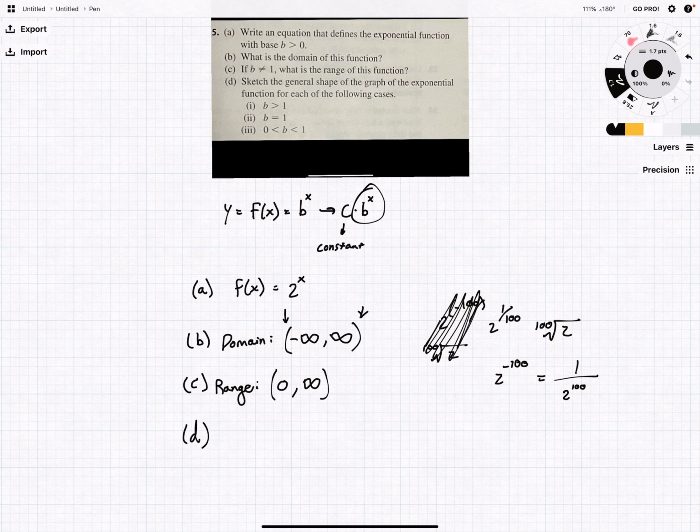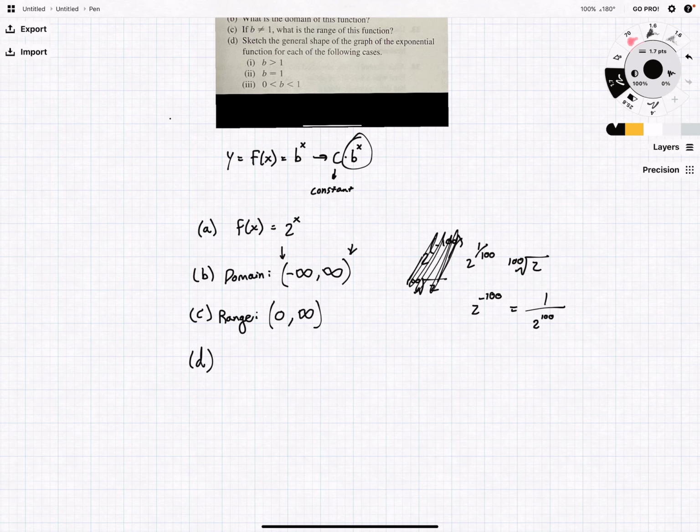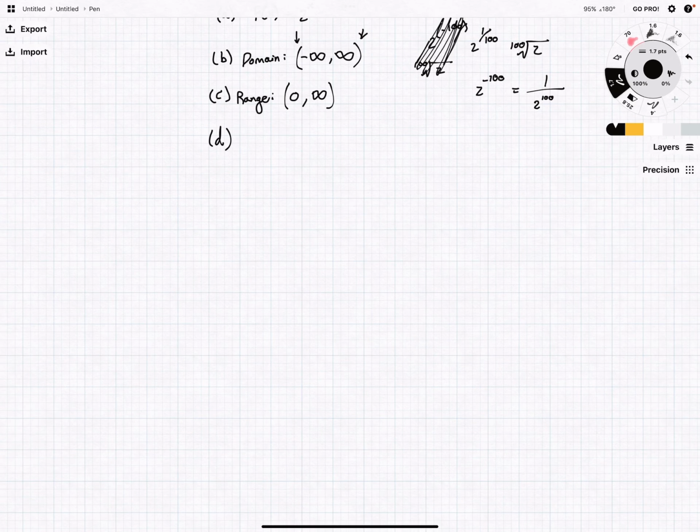And then part D says, sketch the general shape of the exponential function for the following cases: base b greater than 1, equal to 1, and in between 0 and 1. So let's do that. We'll have b greater than 1. We have our asymptote here, and it's going to be something like this.